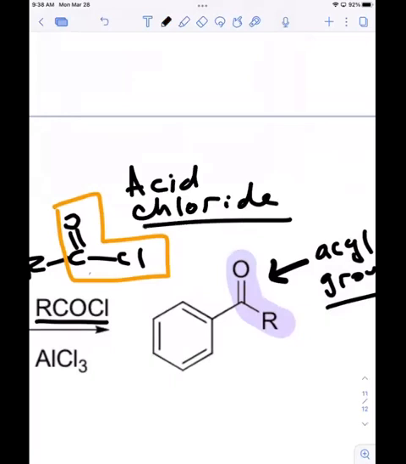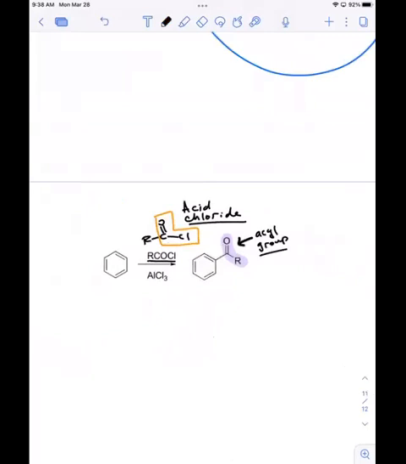Right, it's an acid chloride. I think I'm gonna say this. Don't take this the wrong way. I'm just gonna say it, but this is one of the biggest impediments to organic, period, for anybody, is knowing your functional groups, knowing how to do resonance.